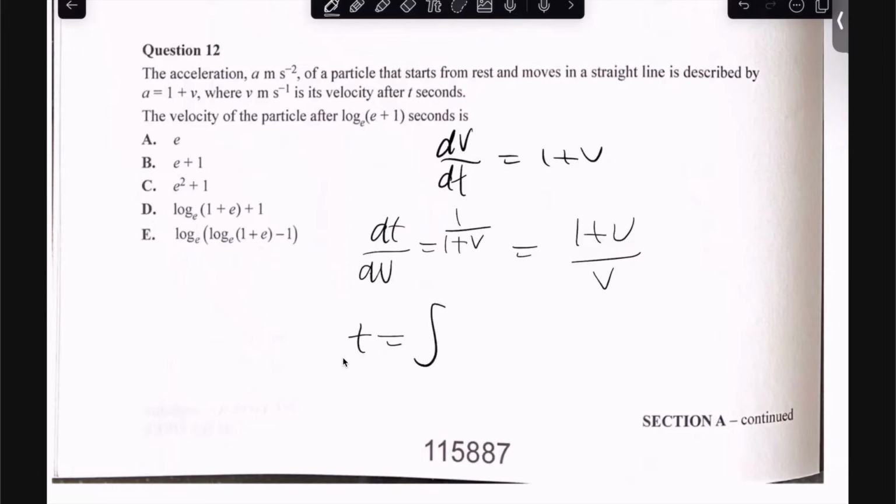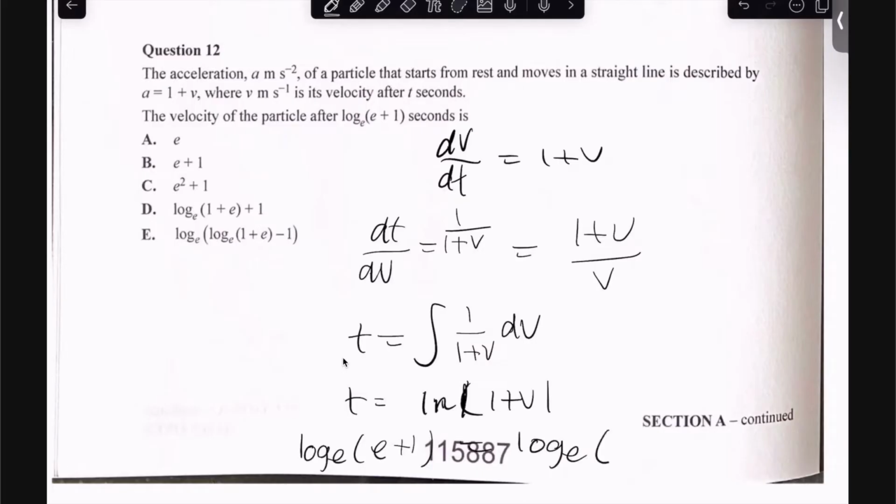That's the integral of 1 on 1 plus v dv. And that should just be ln of absolute value of 1 plus v plus c. And initially the velocity is 0. So t is 0, v is 0, c is 0. So when t is log base e of e plus 1, that's equal to log base e of v plus 1. v must be e.